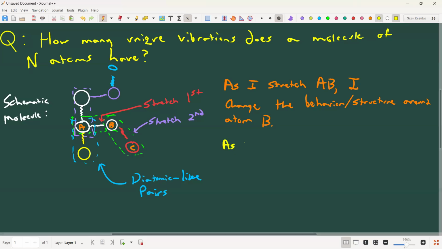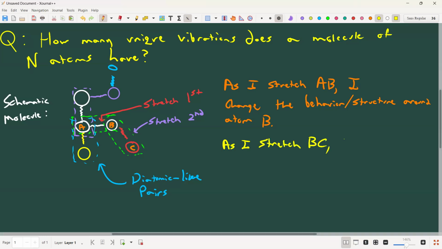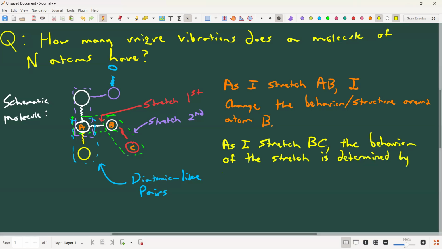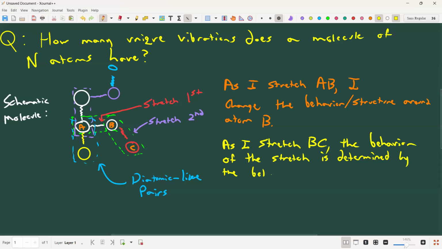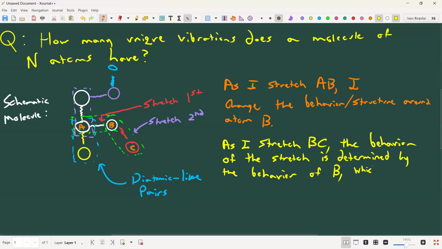As I stretch BC, the behavior of the bond of the stretch is determined by the behavior of the connecting atom B, which is dependent on AB, the stretch AB.